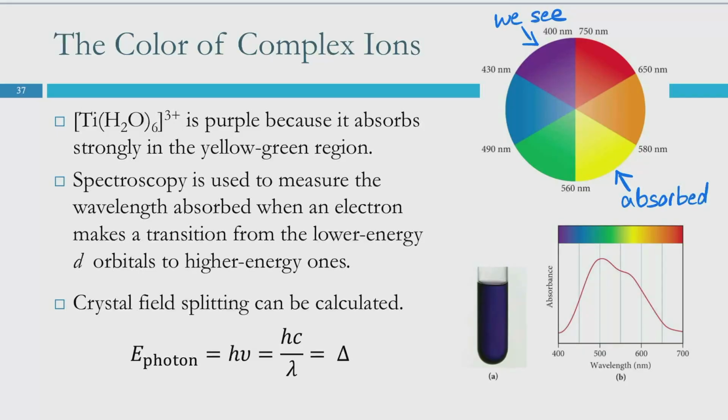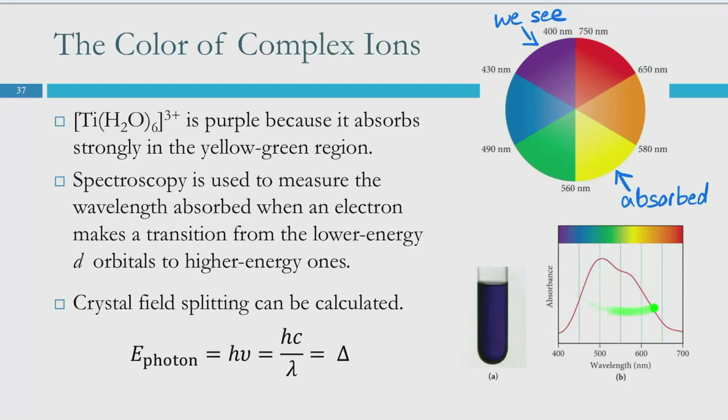That's how the color wheel works. So what you see is one side, and you go to the opposite side, and that's what must be being absorbed. This is kind of a broad strokes, very general, very low quality way of doing it, but it gets the job done.